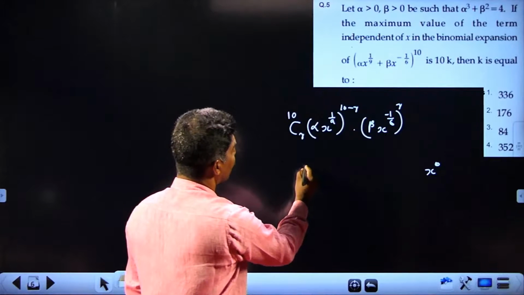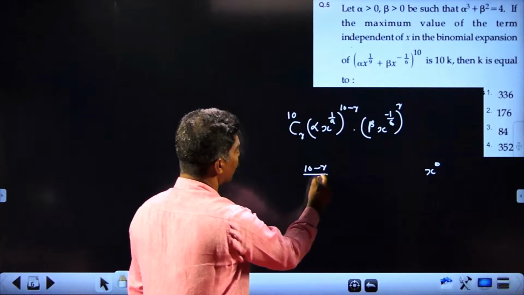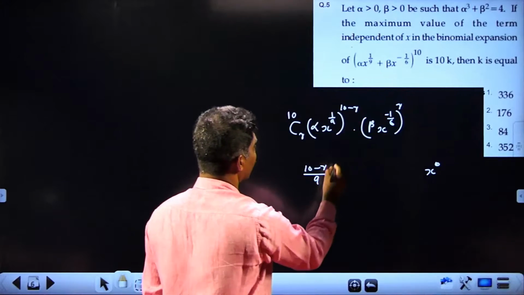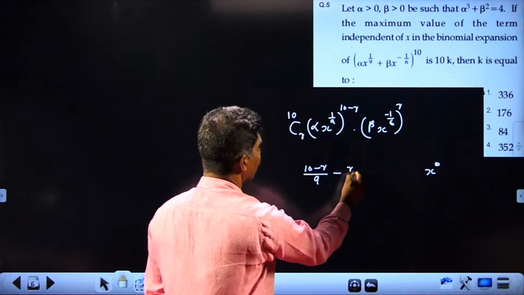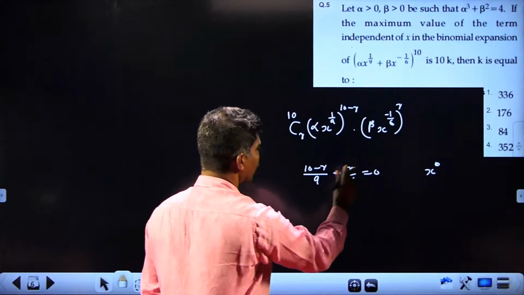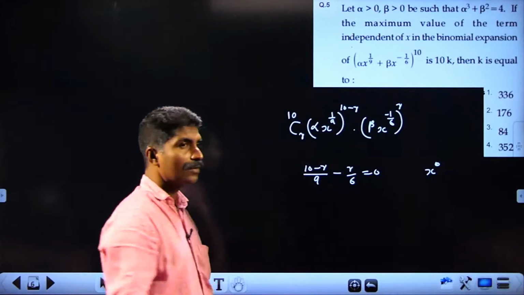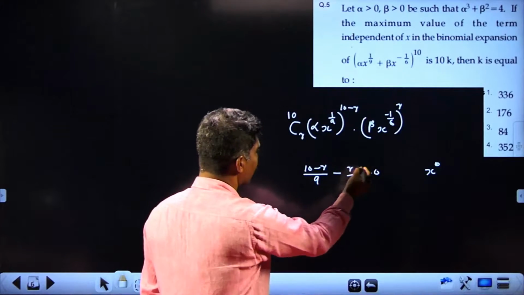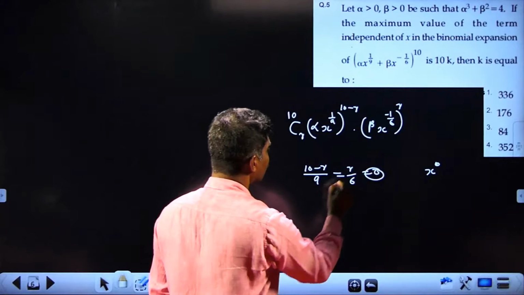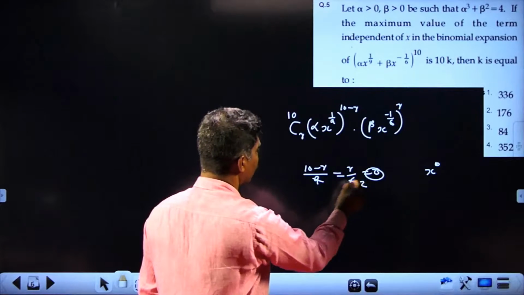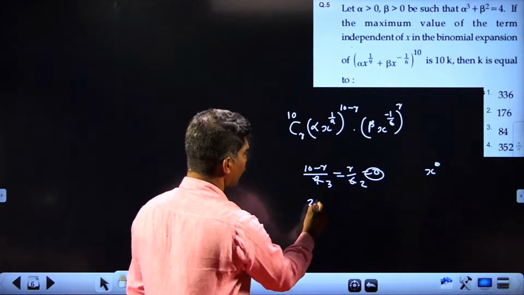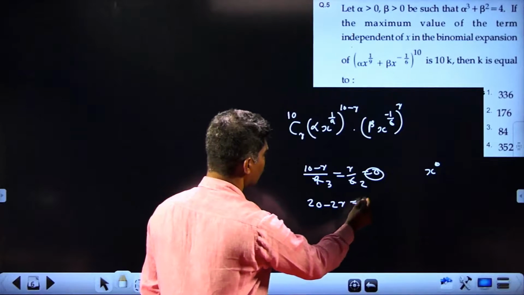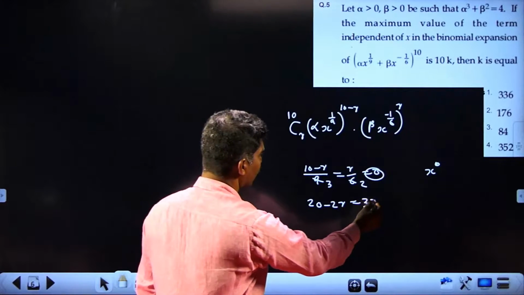So (10 minus r) divided by 9, here it is minus r divided by 6, is equal to 0. That is, power of x is equal to 0. Then we can say that (10 minus r) by 9 is equal to r by 6, so we can cancel 2 and 3. So 20 minus 2r is equal to 3r, 20 is equal to 5r.